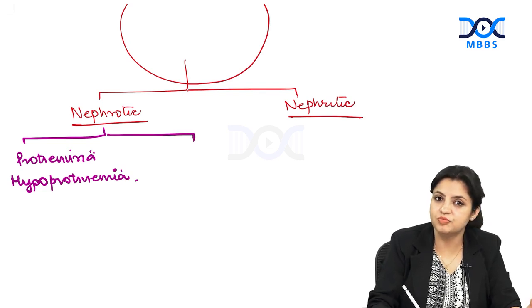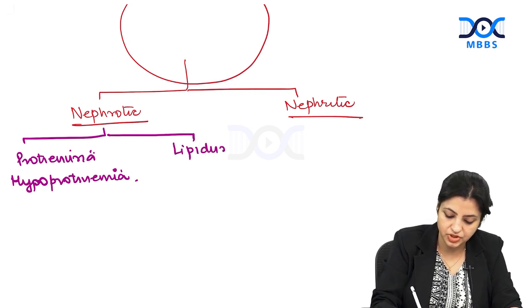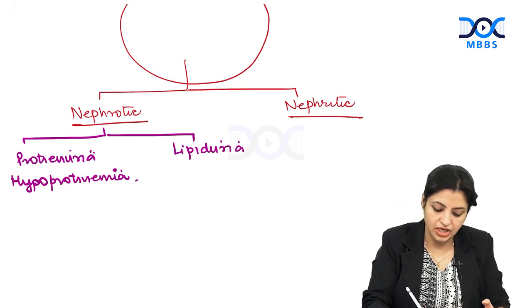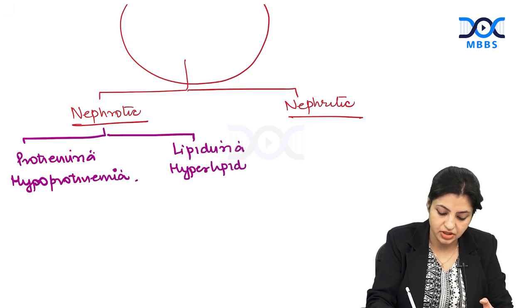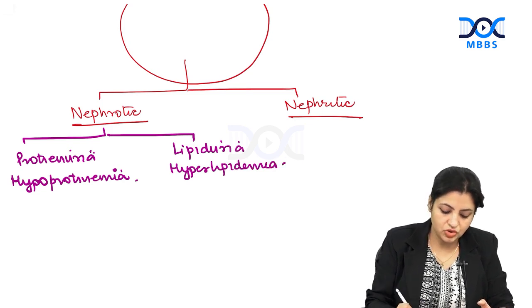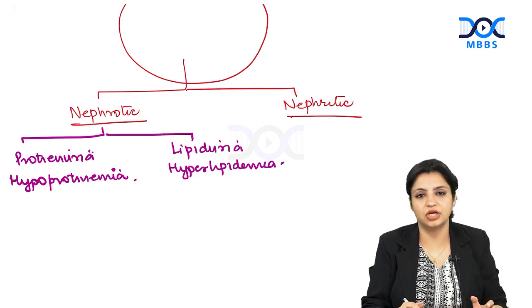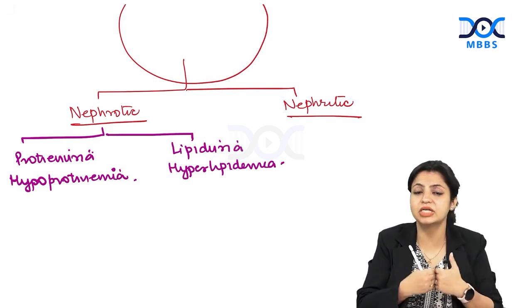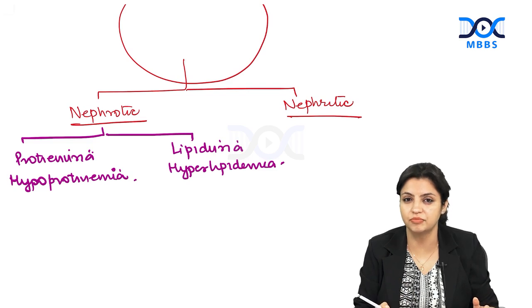Also, because proteins are leaking, apart from that lipids are also coming in the urine. So, this is lipiduria. But the liver compensates for the lipid loss and our body presents with hyperlipidemia. Remember, this nephrotic syndrome complex you will be studying in detail in pediatrics, and it has been taken as a biochemistry competency.